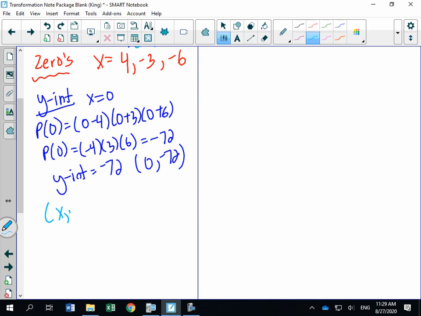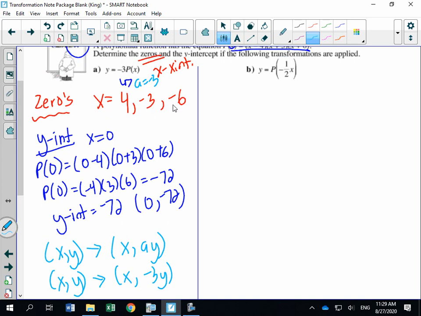So x, y goes to x, a times y. x, y goes to x, -3 times y. Now, our coordinates, these are x-intercepts. So let's write these as ordered pairs.